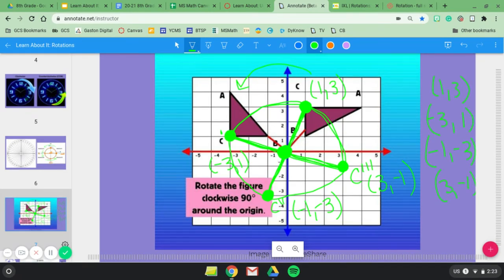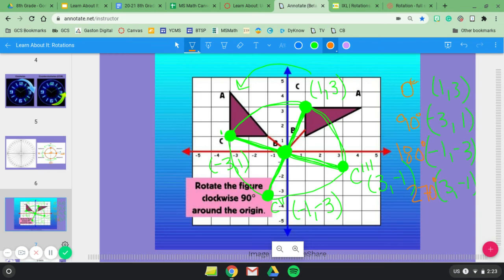I don't want you to look at the signs right now, the positives and negatives of these numbers, but I do want you to look at what happened to the numbers themselves. So this is where we started at 0, 90 degrees, 180 degrees, and 270 degrees.